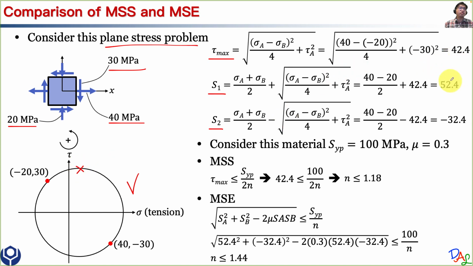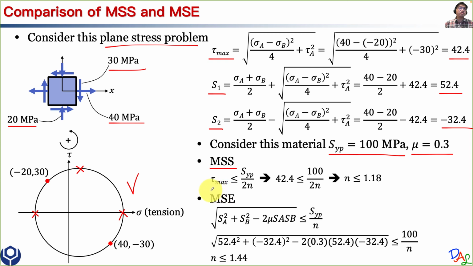So here the magnitude is 42.4, S1 equals 54.4, S2 equals negative 32.4. I will allow you to try it by yourself. And let's say this material has a yield strength of 100 megapascal and a Poisson ratio of 0.3.